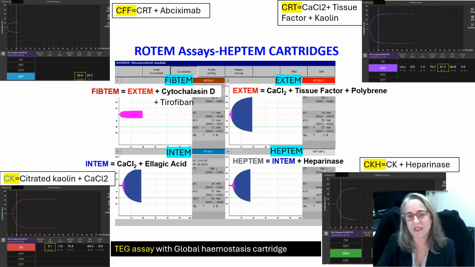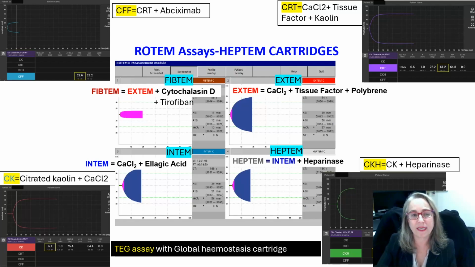And the bottom right, also very similar, very easy to understand, InTem and HepTem in both TEG and Rotem, because they are both activated intrinsic pathways, and the HepTem and the CKH are both tests that look at the intrinsic pathway, and the one with the heparinase, HepTem has heparinase, and CKH, H is for heparinase. So they show you what it would look like if the patient was not on heparin. So it gives you a window into what would happen if you gave protamine.